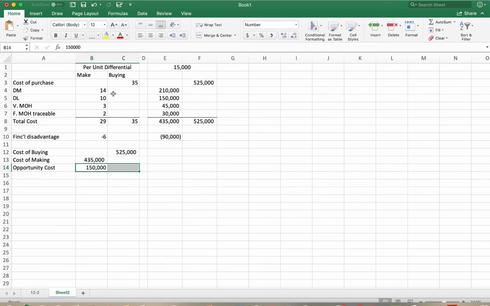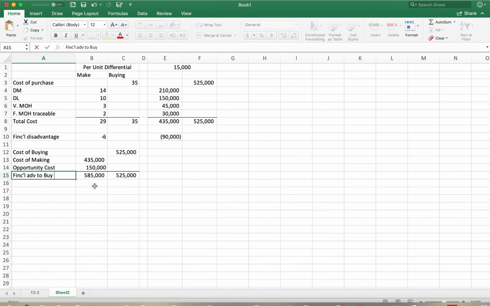So now when I add up all my costs, we can see that there is actually a financial advantage to buying. How much?